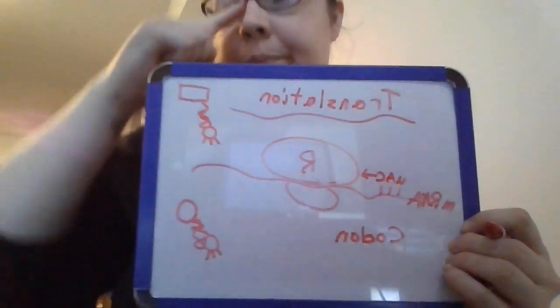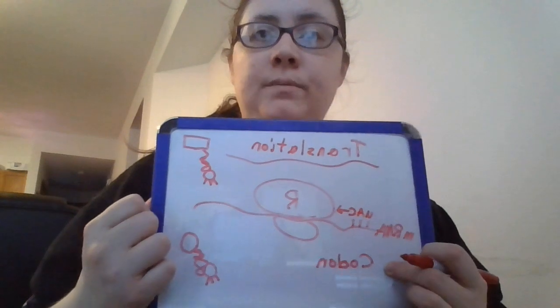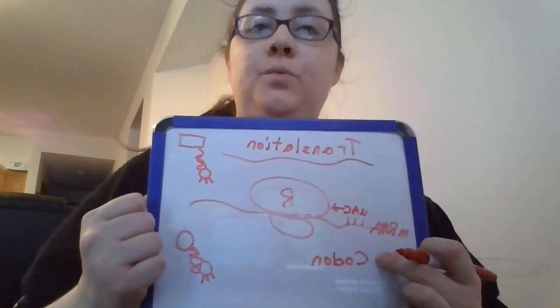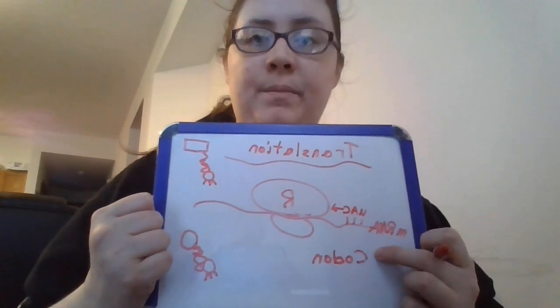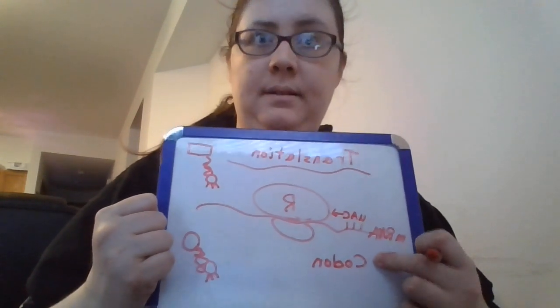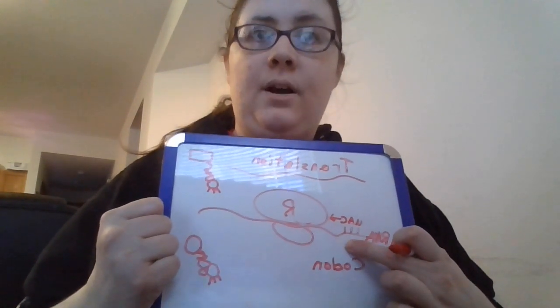So what happens is our ribosome scoots along, and there's one specific codon that triggers that ribosome to start making a protein. In the RNA, that codon is UAC.